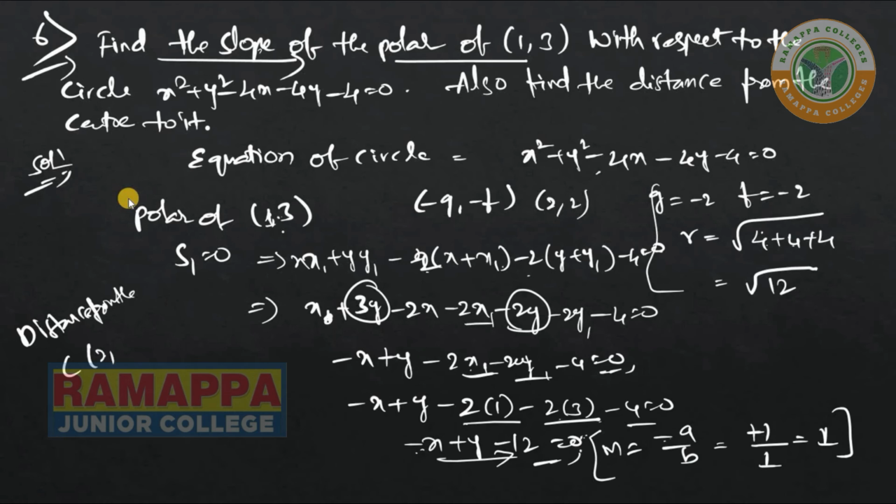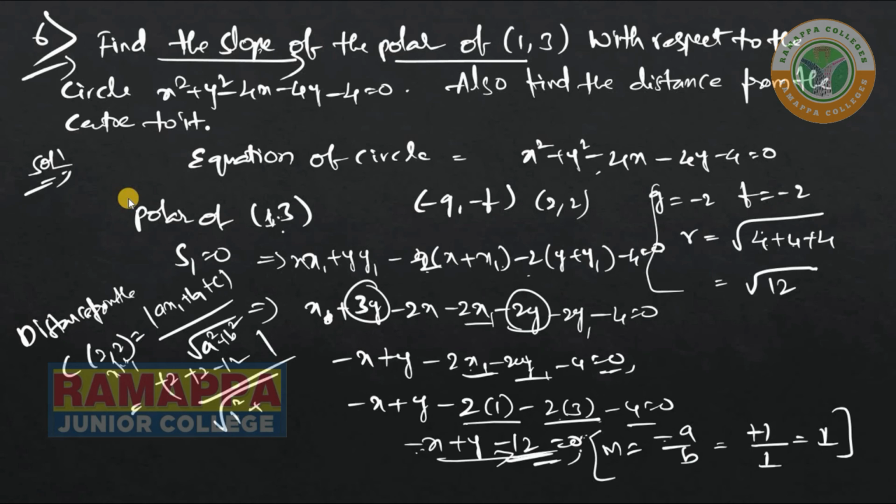So the distance from C(2,2) is equal to ax1 plus by1 plus c divided by under root of a square plus b square here. So a means minus 1, minus 2 x1, x1 is equal to 2, no? So minus 2 plus 2 will come and minus 12 will come. So minus 12 divided by under root of 1 square plus 1 square.